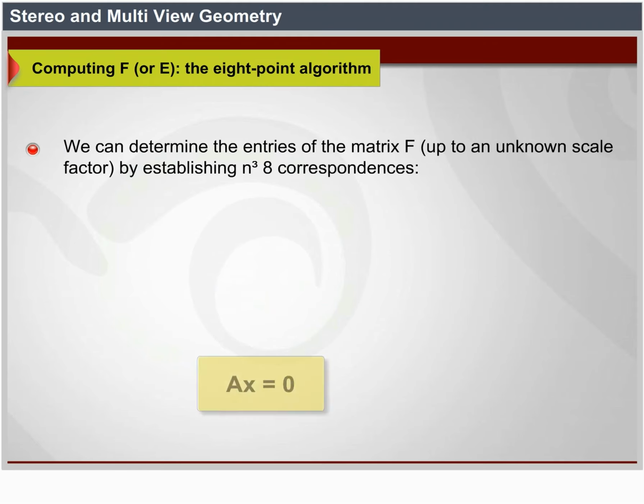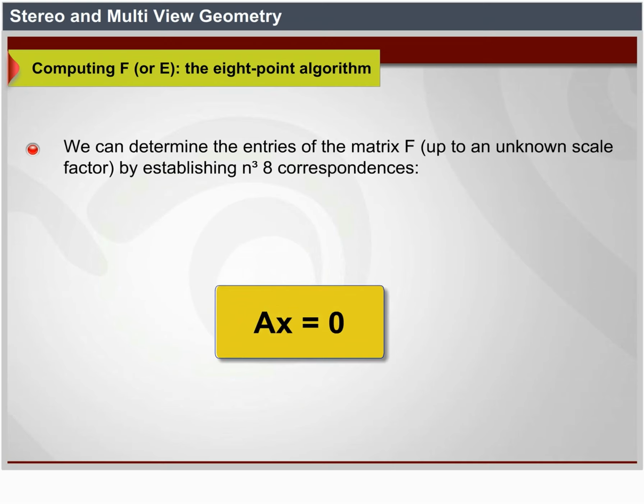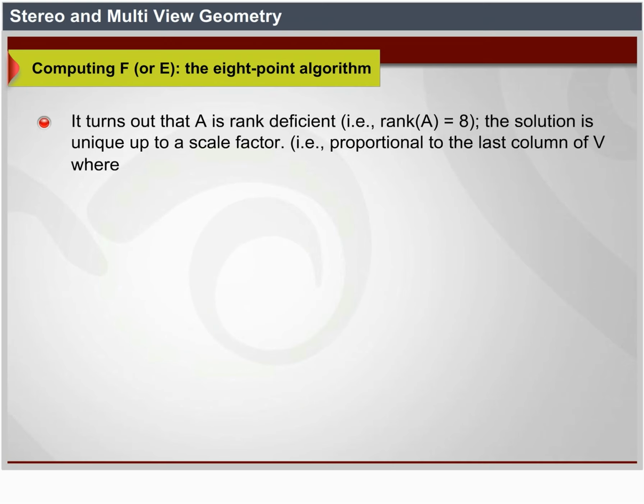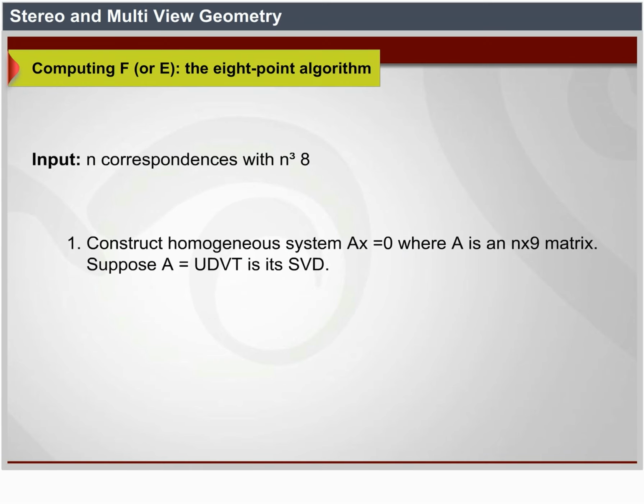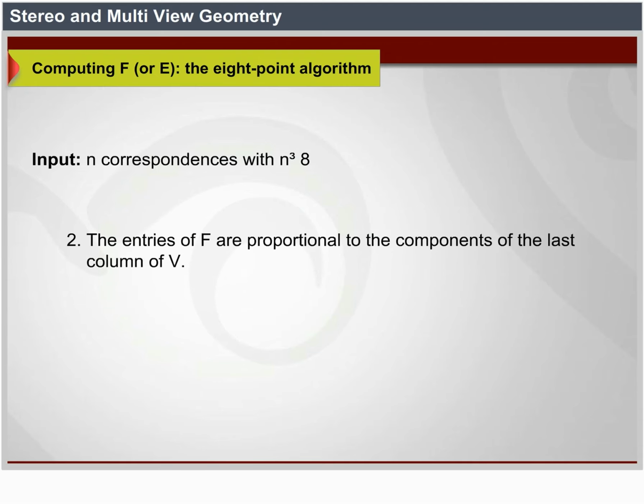It turns out that A is rank deficient, that is, rank A equals 8. The solution is unique up to a scale factor, and is proportional to the last column of V, where A equals U D V transpose. Input n correspondences with n at least 8. Construct the homogeneous system A x equals 0, where A is an n by 9 matrix. Suppose A equals U D V transpose is the SVD. The entries of F are proportional to the components of the last column of V.